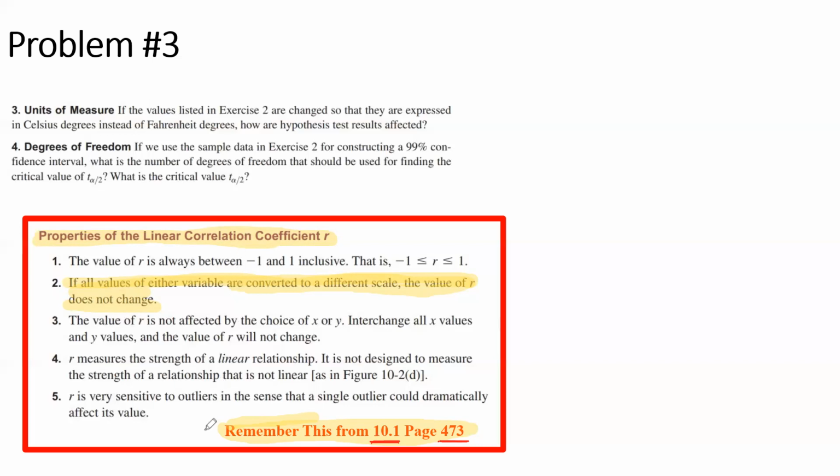So all of these rules right here still apply, even though we're talking about unit 10.4, we might be in unit 9.3 or aspects of that. It's the same exact thing.